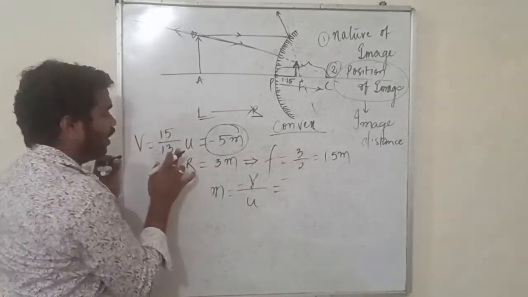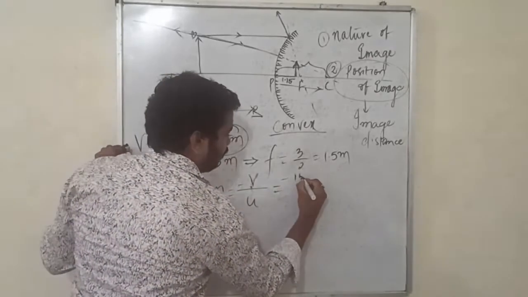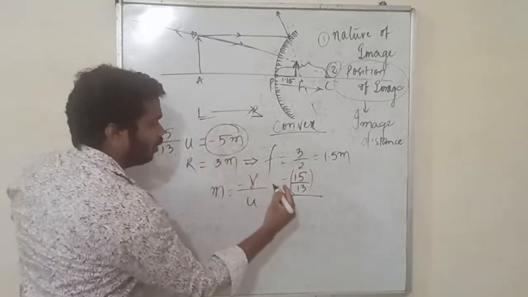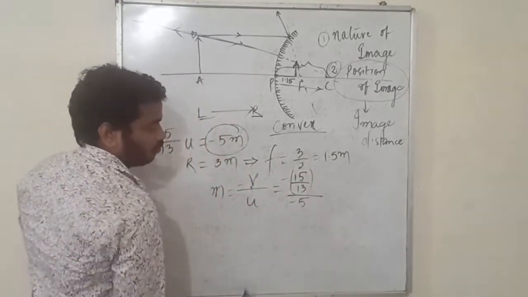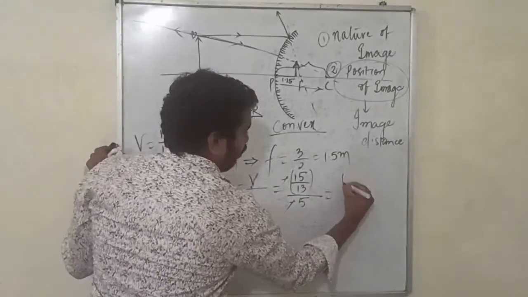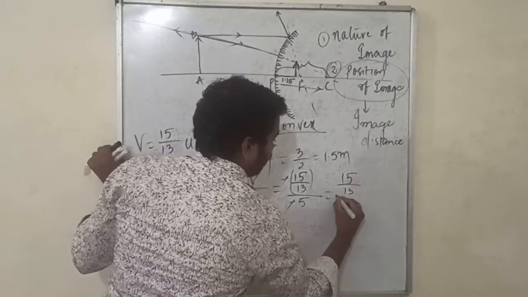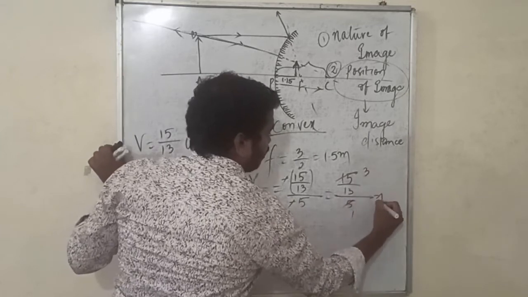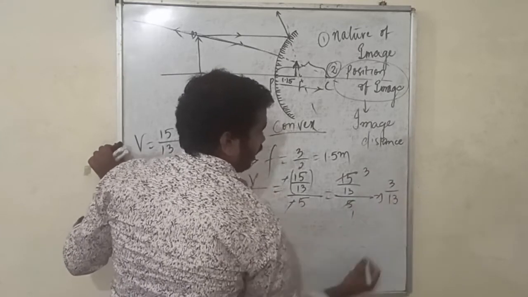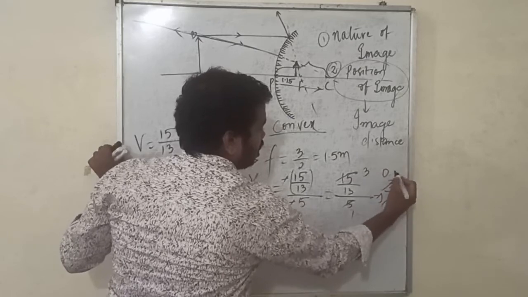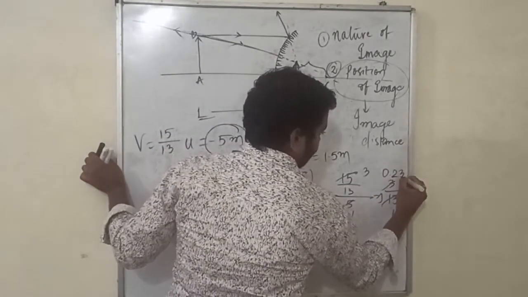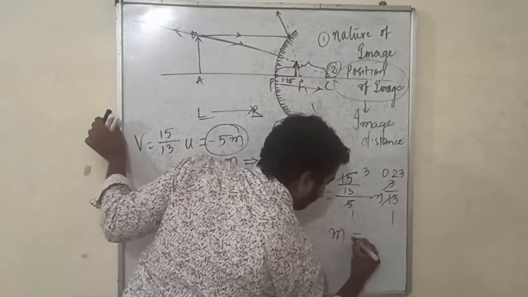Minus of v would be 15 by 13. Next u would be minus 5. So try to cancel off 15 by 13 whole divided by 5. 5 ones, 5 3s, 3 by 13. 0.23 is the magnification.